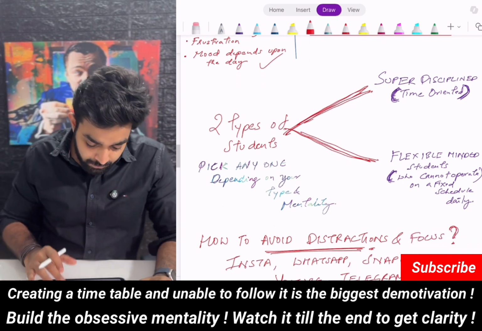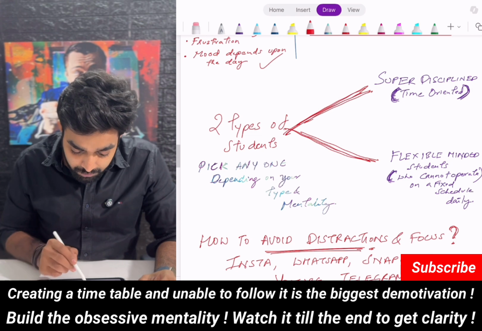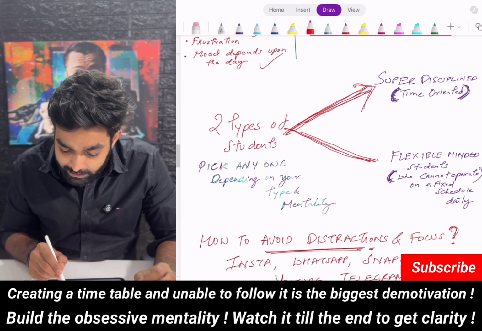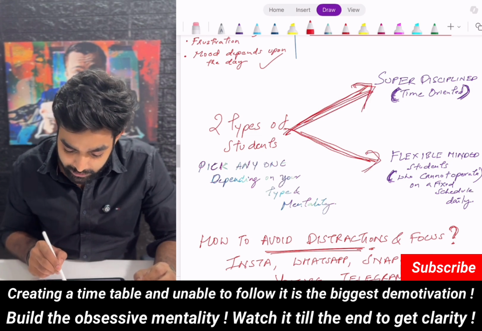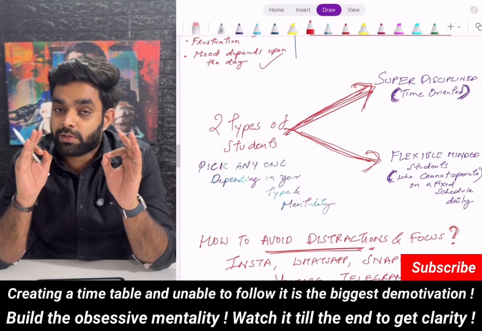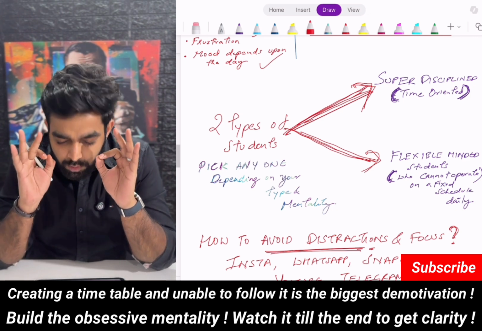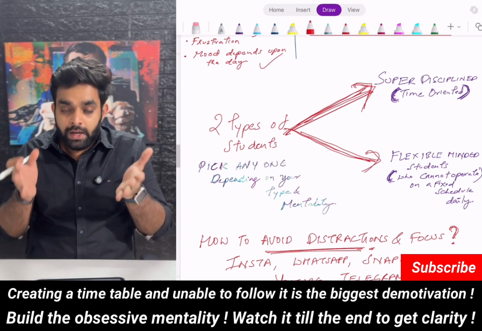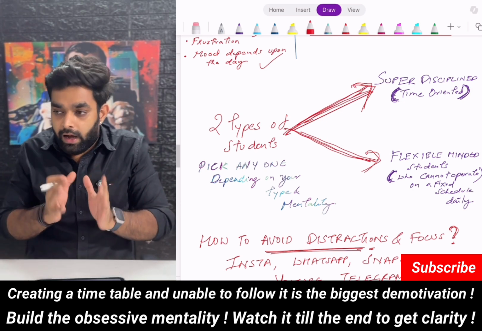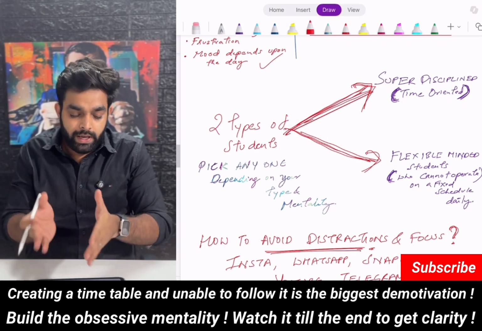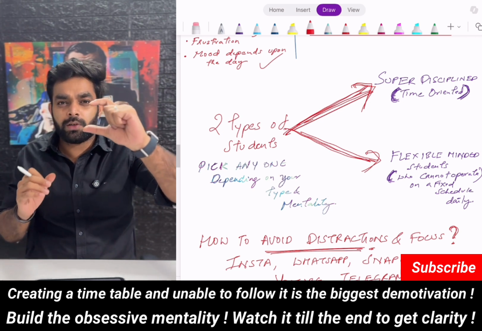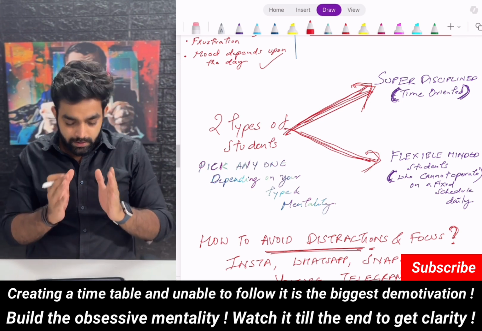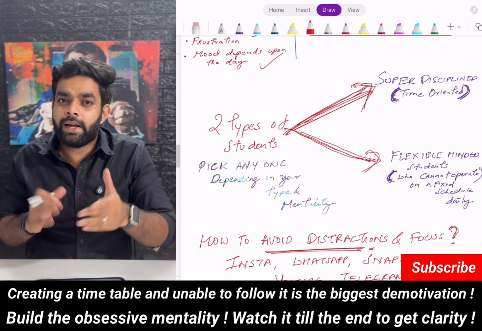So, the two types of students. First is a super disciplined student who is time oriented, who can focus, who has laser sharp focus, who can fix their study slots, wake up, sit and study at that slot, and take fixed breaks.